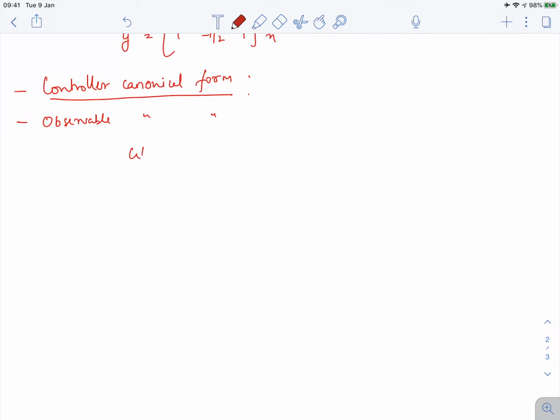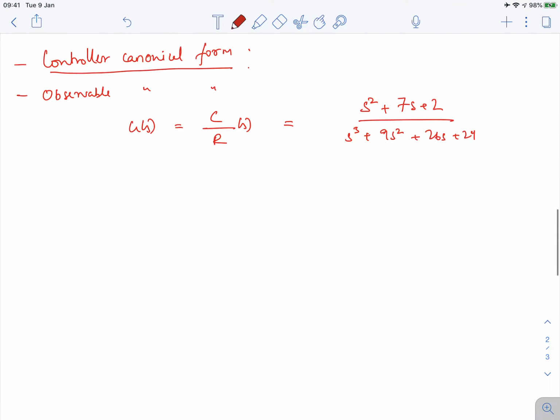For this, we take another transfer function, let's say G of s, which is c over r, and this time we will consider some numerator polynomial also, where we have s square plus 7s plus 2, and in the denominator we have s cube plus 9s square plus 26s plus 24. Okay, so this controller canonical form is basically equivalent to your phase variable form, which we have obtained last time, or yesterday.